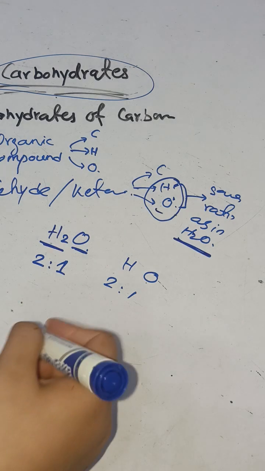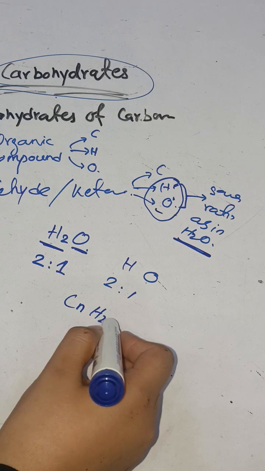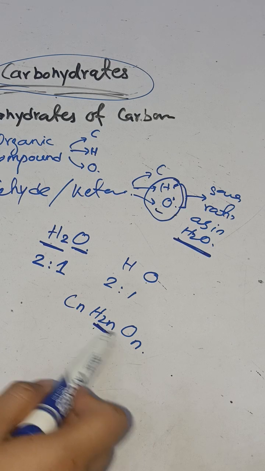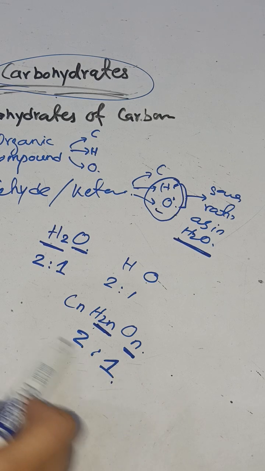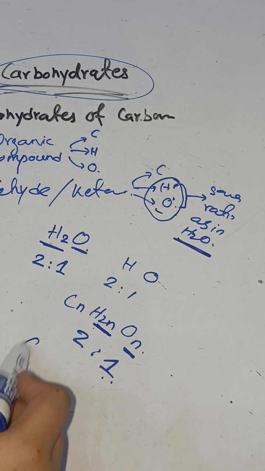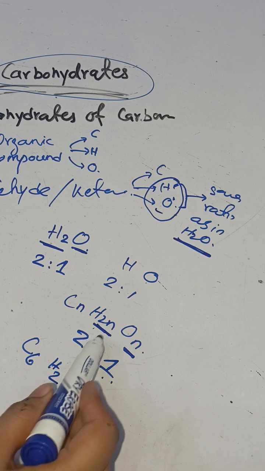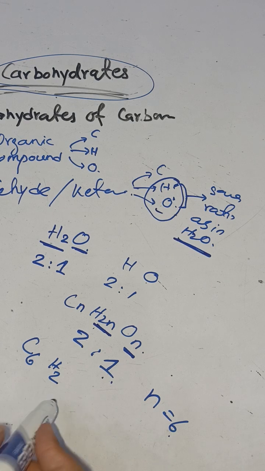If we see the formula of carbohydrates, it is CnH2nOn. So this is 2n, this is only n, so the ratio is 2:1. Take a carbohydrate like C6: n is 6, it can be any number.